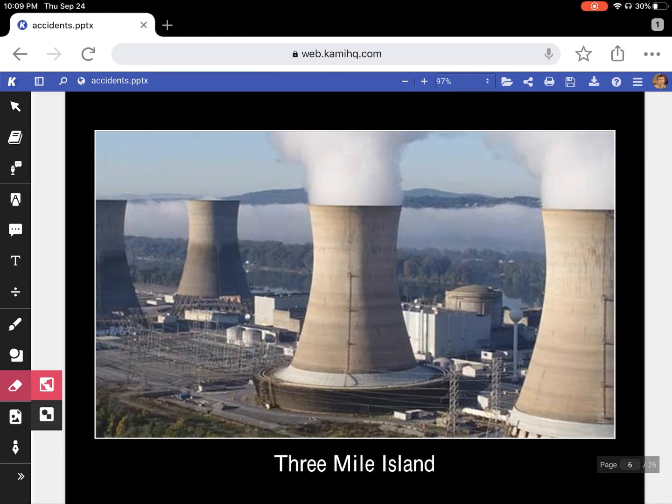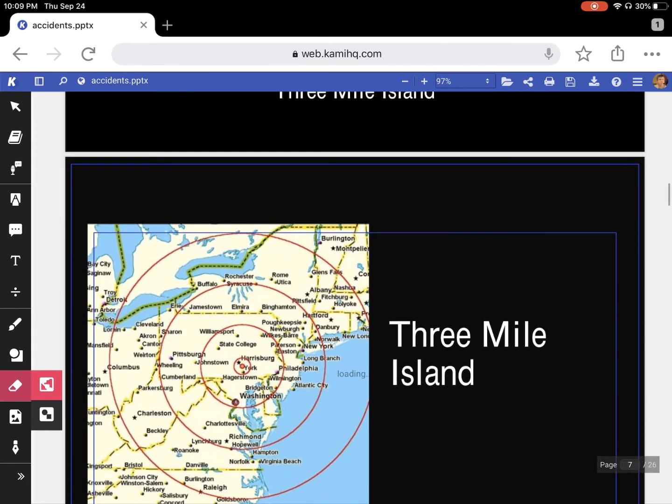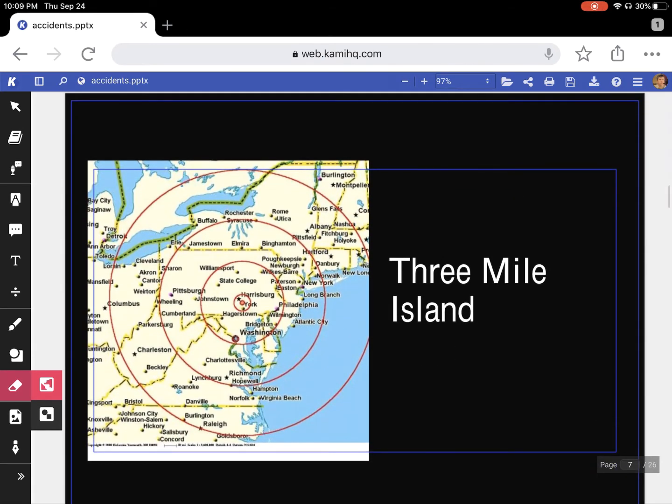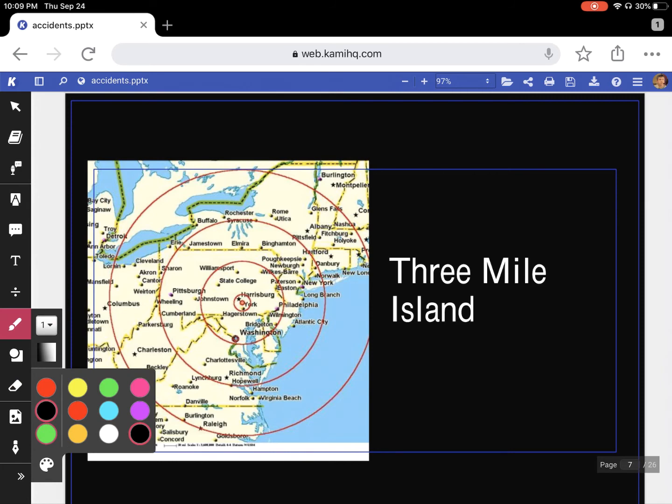The thing with 3 Mile Island is that Chernobyl, which we're going to look at next, is the largest accident ever. And if we take a major accident like Chernobyl and we say, well, what if 3 Mile Island had done that? This is a map basically showing the potential casualties in the area around 3 Mile Island.